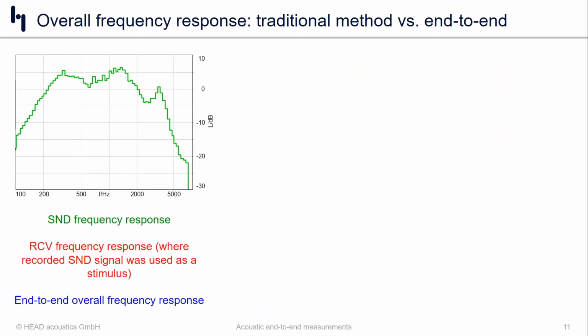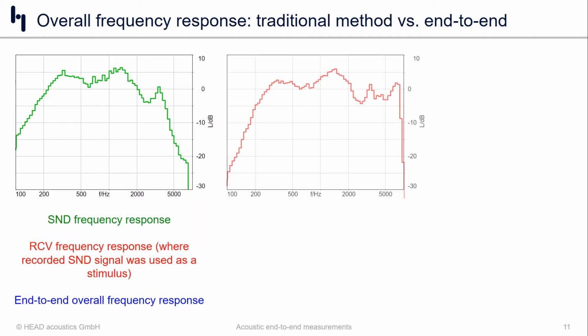Now, just to give you a practical reference point, what we see in the top left-hand corner is the sending frequency response of our given device in the traditional way, the electric to acoustic testing. So no news there. This is a typical send frequency response.